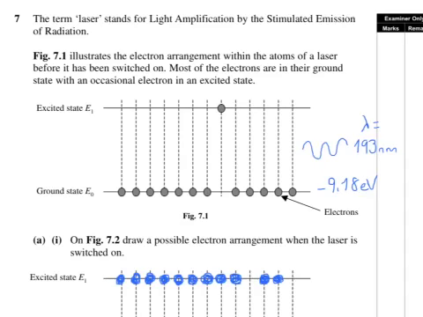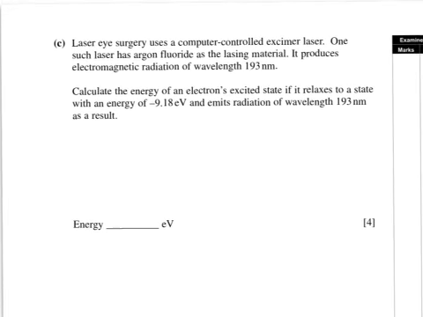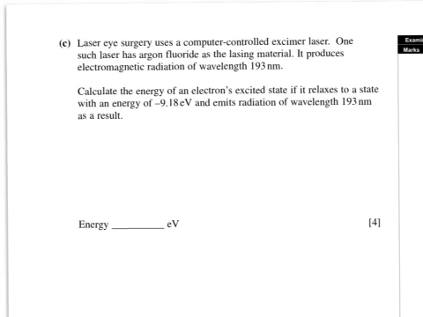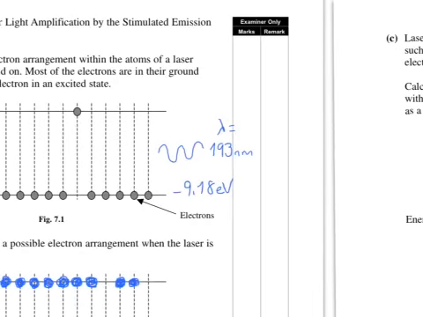Now we are being asked to calculate the energy of its excited state. So where was the electron to begin with? Well, the electron was up here and it's now dropped down to here, and this is the energy level of it now, and this wavelength is the equivalent drop of energy in the form of this electromagnetic wave.